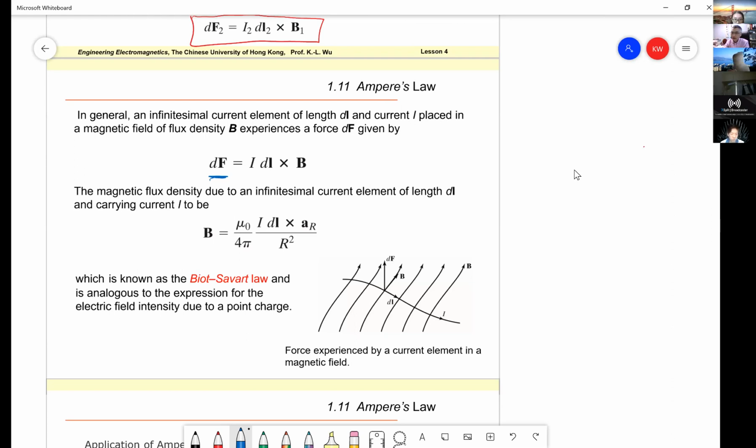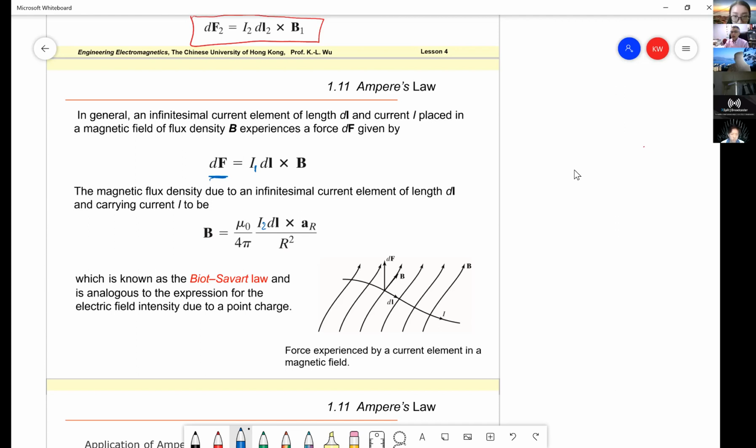This conducting wire carries current I1 in the magnetic field generated by current 2. These two currents are not the same. One current generates magnetic field B, and the other current experiences the force.